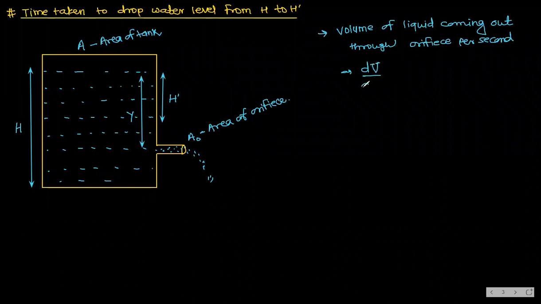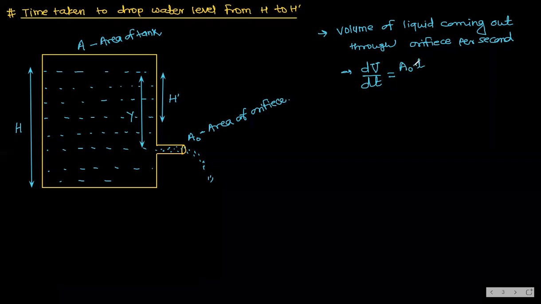Okay, dV by dt is equal to, now this is volume, so how can I replace this? See here, this volume I can replace with area into length. Area into small length divided by dt.